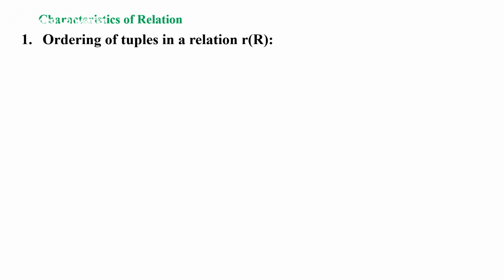The first characteristic of a relation is the ordering of tuples in a relation R. This means that whenever we insert values into the table, for example R of A1, A2, A3, A4, where these are the attributes of the table, and we insert the A1 value, A2 value, A3 value and A4 value, there is no order maintained, either ascending or descending, for the tuples.